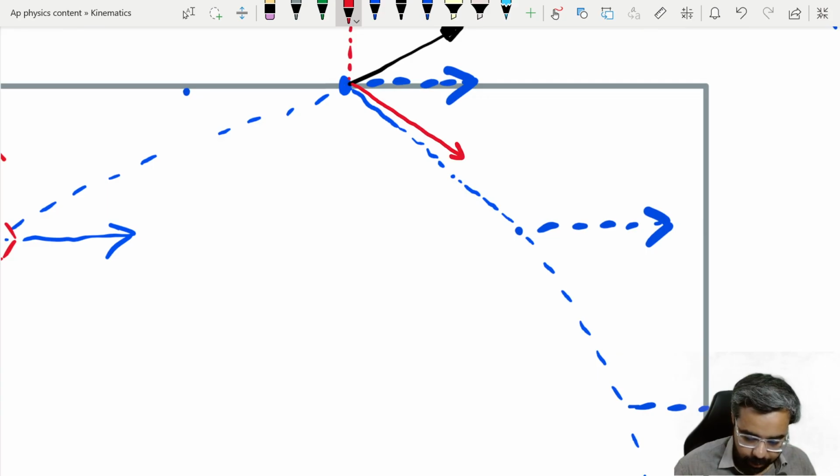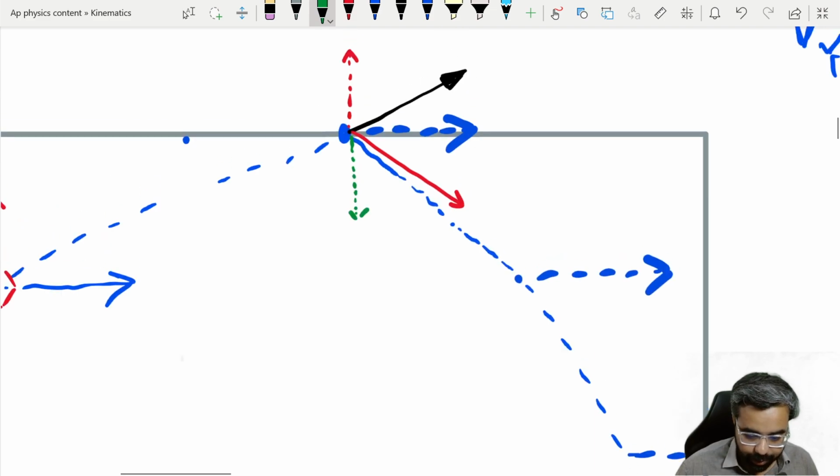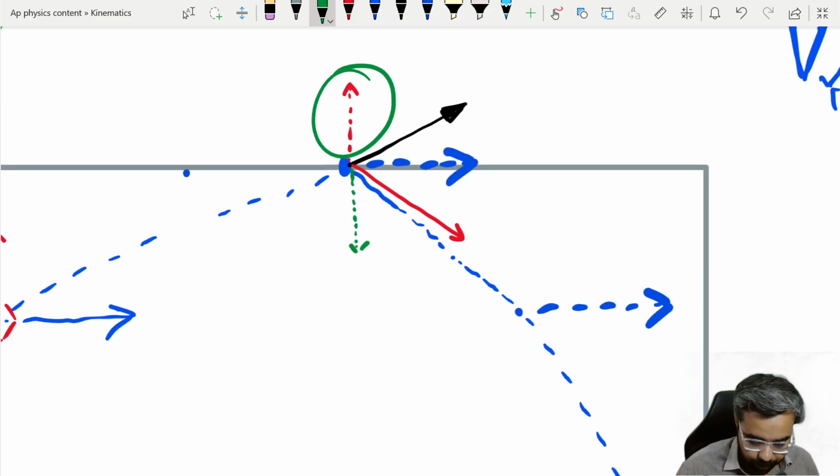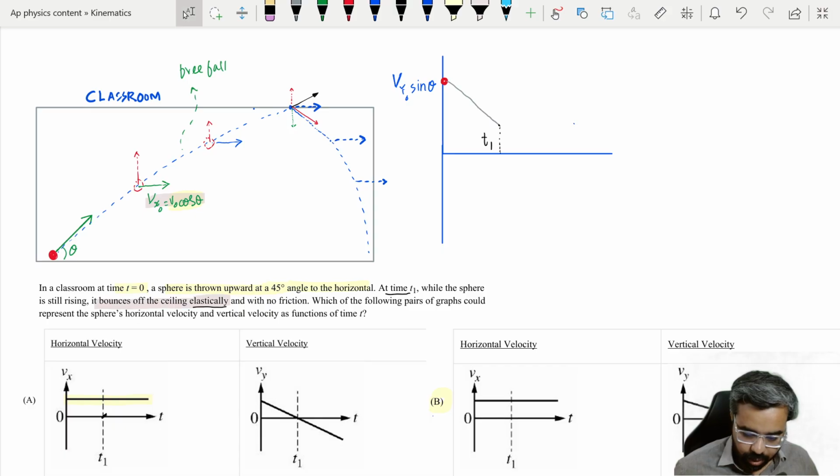This is an arrow representing the same speed. You see that the direction of its vertical component is downward, and it is the same as the red one. So exactly at time t1 when it collided, it now has a negative value of vertical velocity, which I showed you with the green arrow when I zoomed in on this screen.